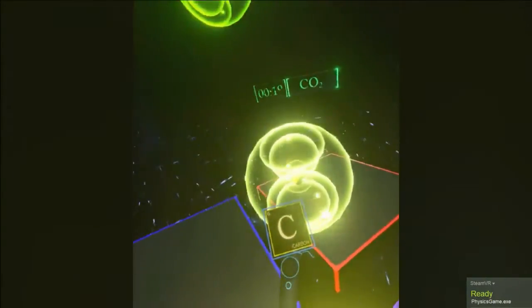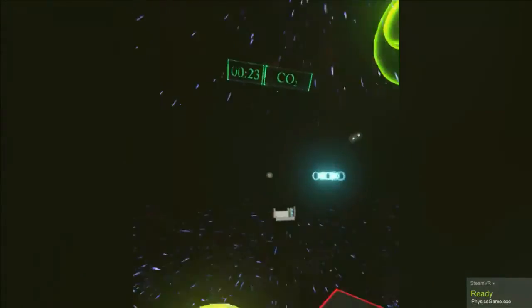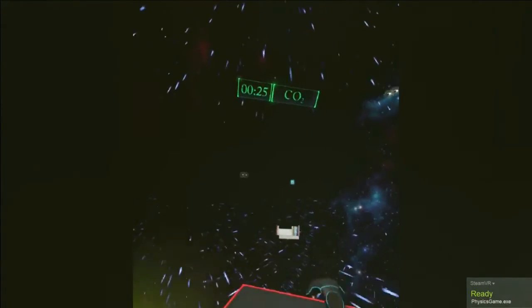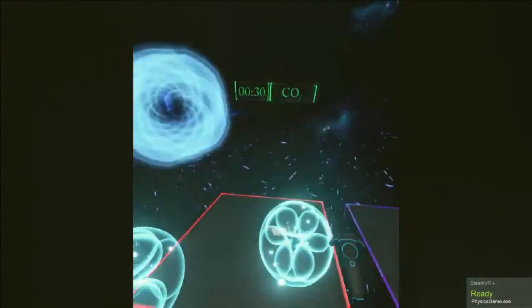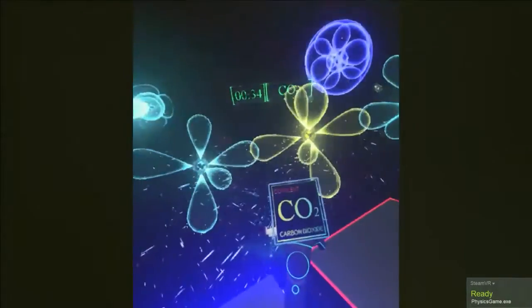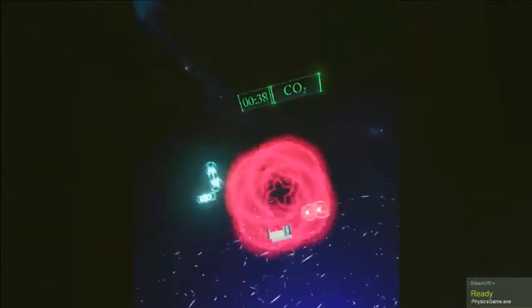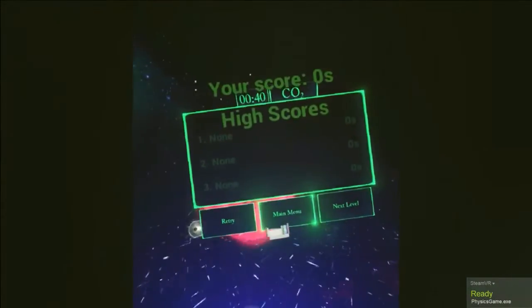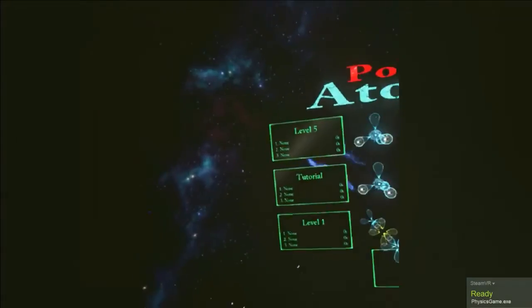Yep, there it is. So what's next? Oxygen. And there we go. So that's a covalent bond. Covalent vortex.